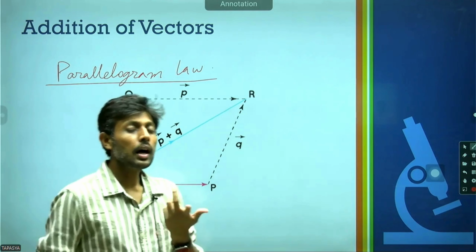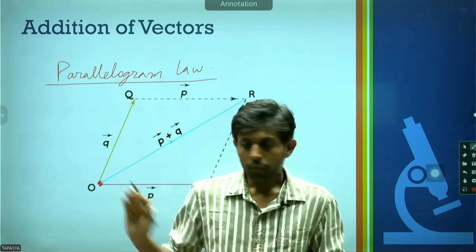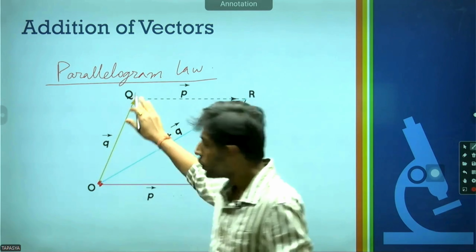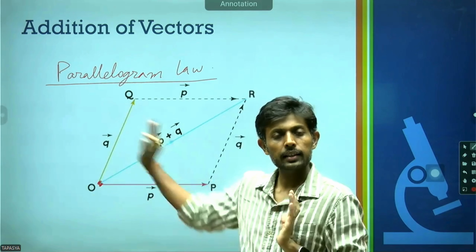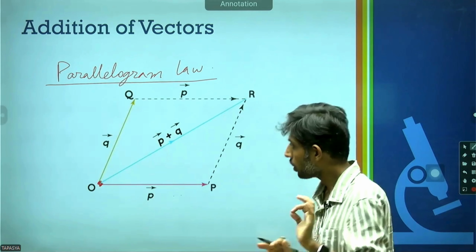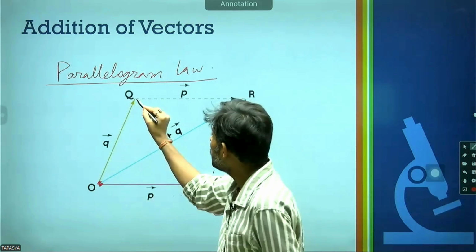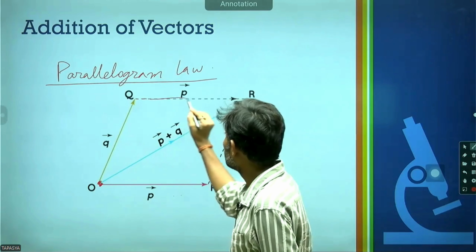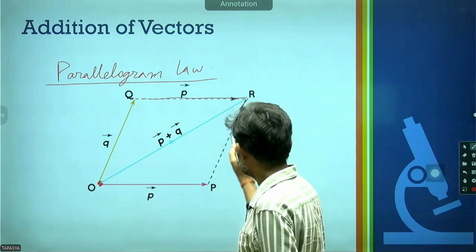It's already done for you. What after that? After you've made sure that their tails coincide, that the vectors are nicely arranged, you draw a complete parallelogram. You draw this, you draw this.